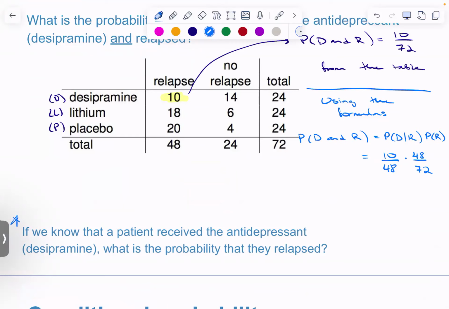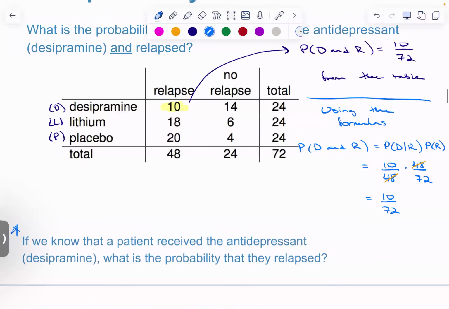And so that's why I went back to the fraction 48/72. Because now if I'm multiplying these fractions, then 48/48 goes to 1, and I'm left with 10/72, which is exactly what you had just by reading the table. Right? So you can get there either way.